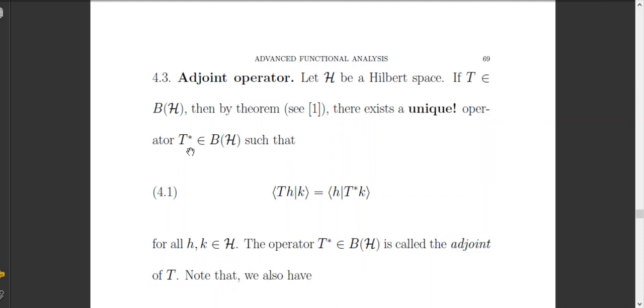Okay, it means the adjoint automatically exists. And if you want to find the adjoint, this equation is the characterization of the adjoint operator. This equation must be satisfied. Look at here, I prepared some notes for you.